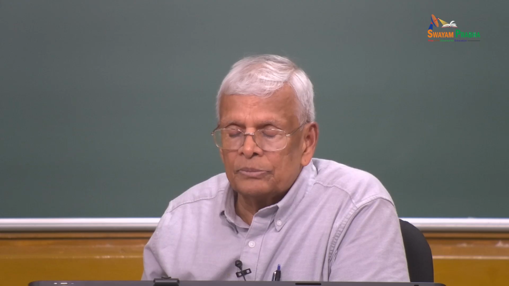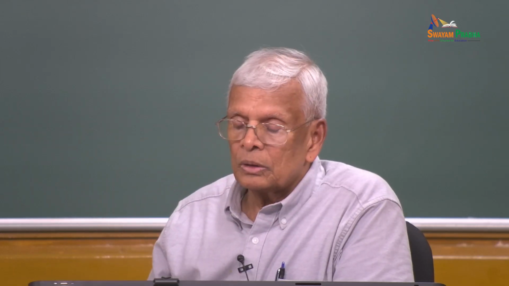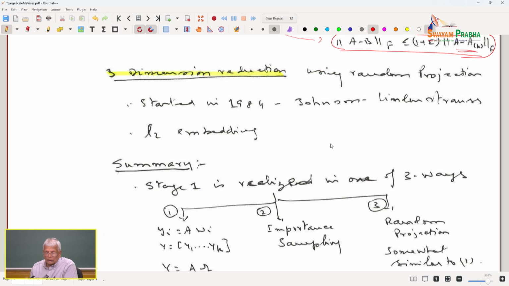I will concentrate on the first step, getting that randomization. That randomization can be obtained by one of column selection, another one is dimension reduction. So, that is what I am going to provide an introduction to.